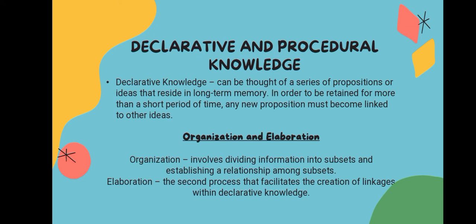Elaboration is the second process that facilitates the creation of linkages with declarative knowledge. As with organization, there are numerous ways to use elaboration to help students establish linkages. One example is teachers asking students to create their own examples or analogies, or students can be asked to anticipate missing information.